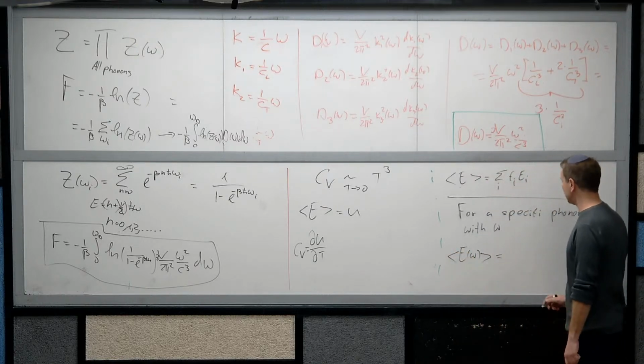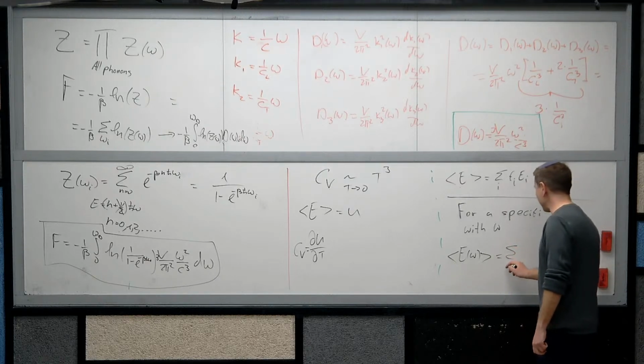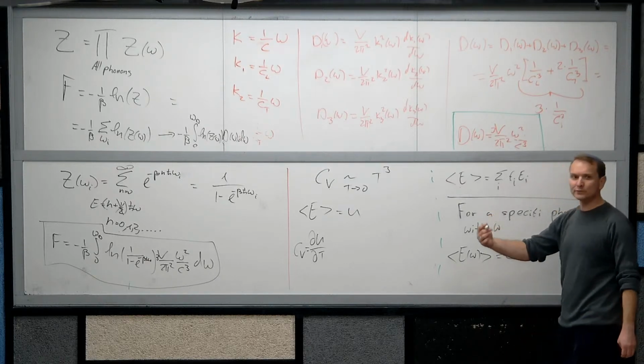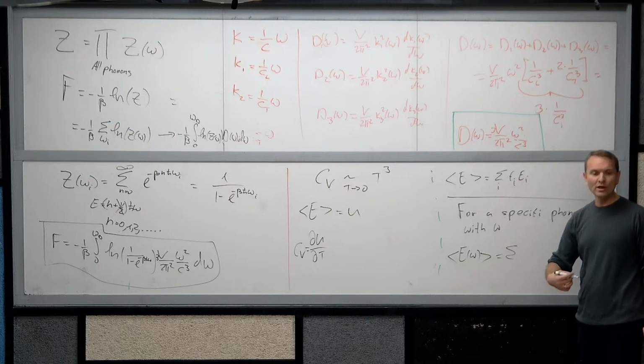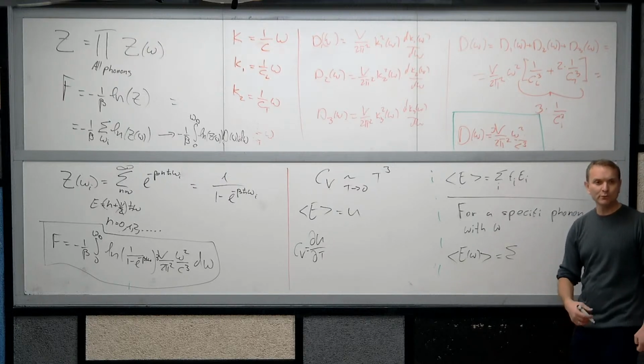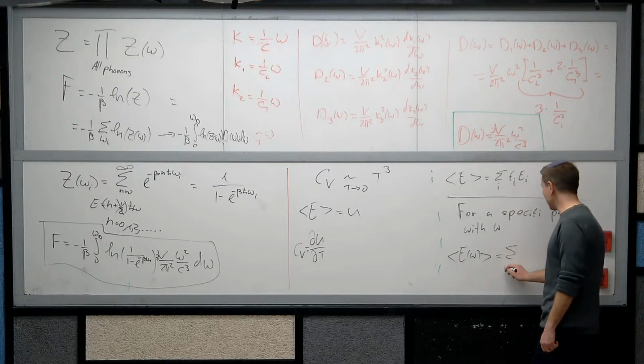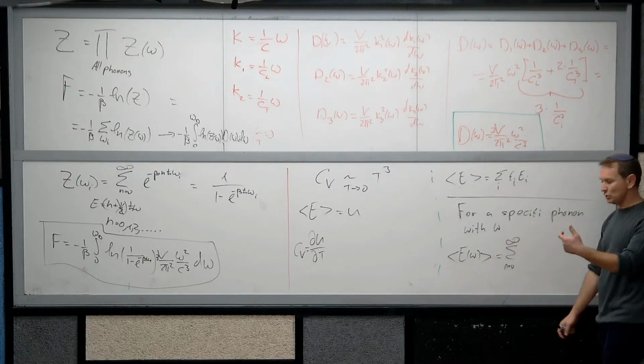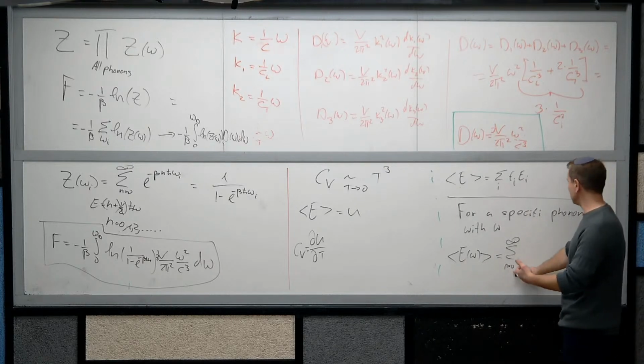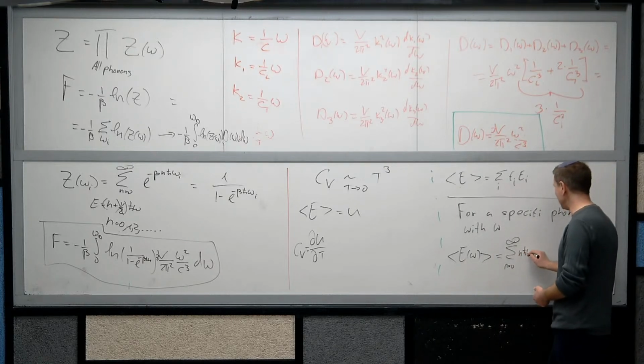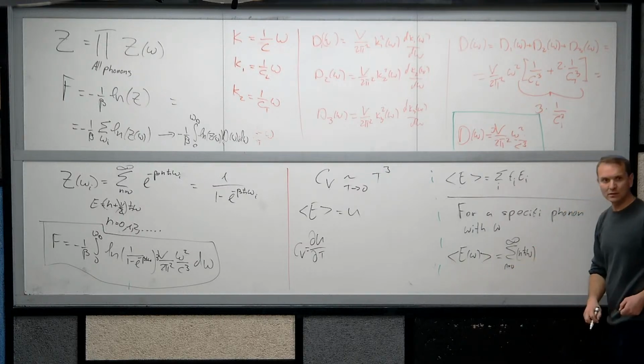How do I perform this? I count over all the different energetic states that this phonon can have, so I'm counting from 0 to infinity. The energy for each given n is n h bar omega.